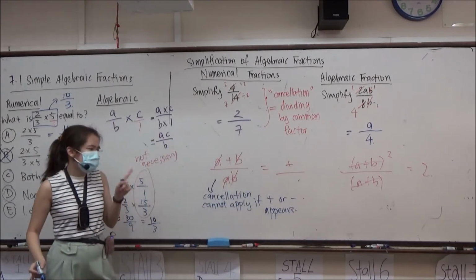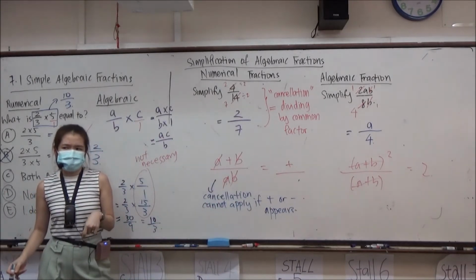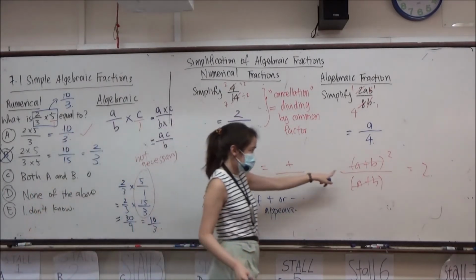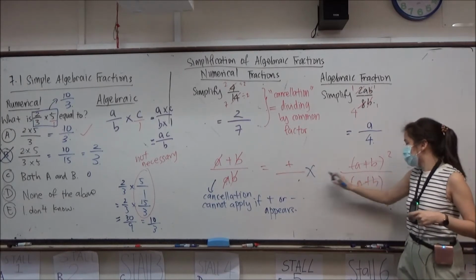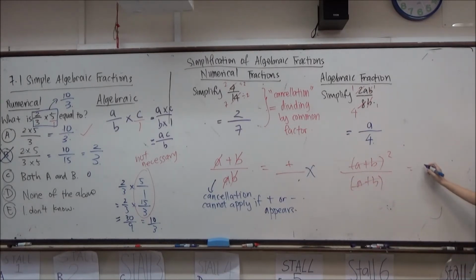Alright, so it depends on how the plus and minus appear. If there are brackets, then maybe it can still work, right? So this is not true, okay? This one actually, the answer is A plus B. I can cancel away one of the A plus B. So I'll talk more about it later on.